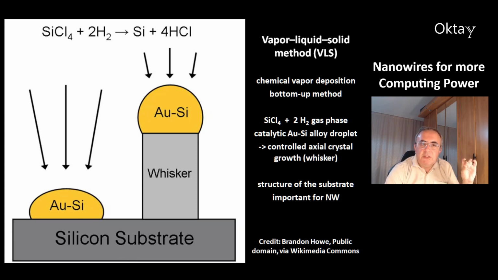Those are the optimal conditions to slowly grow a crystal with a high order. That's the controlled growth. And these crystals are called whiskers. And again, the structure of the substrate is very important for the structure of the nanowire.